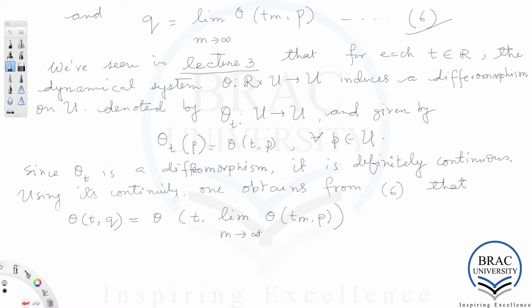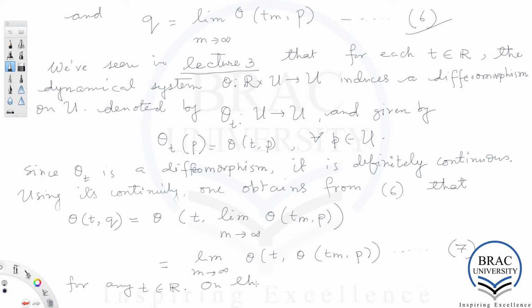And as we have said earlier, using the continuity of this diffeomorphism theta t, one can take out the limit and write it as limit as m approaches infinity of theta t comma theta tm comma p. Okay, so this is equation number 7, and this is going to happen for any t in R.